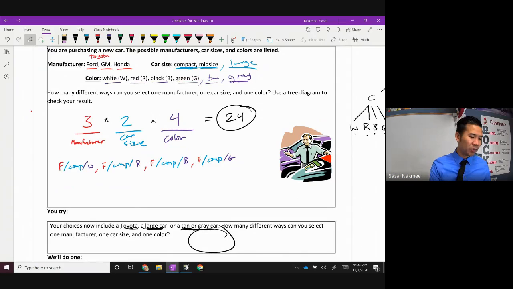Random side note, do you guys spell gray G-R-A-Y or G-R-E-Y? You ever wonder why they have two of those spellings? Oh, it's just more people typing it out with the E. While you guys are calculating this, I'm going to go ahead and Google that because it's going to bother me.